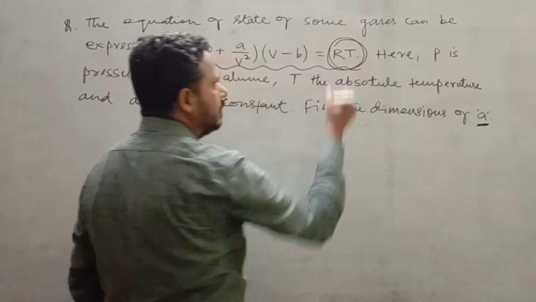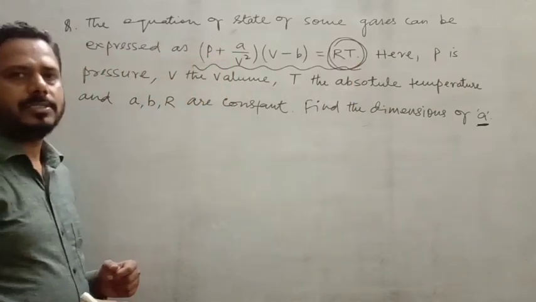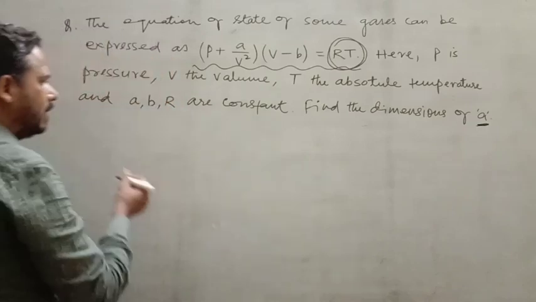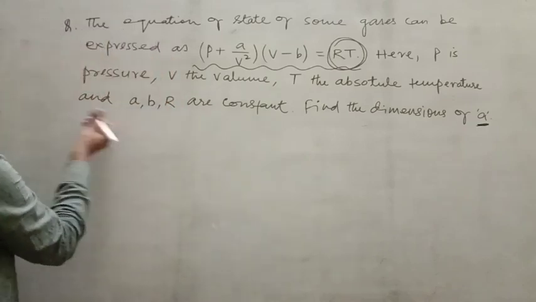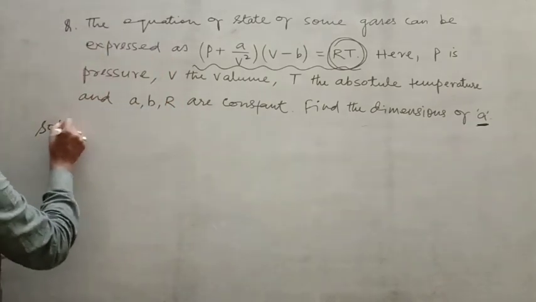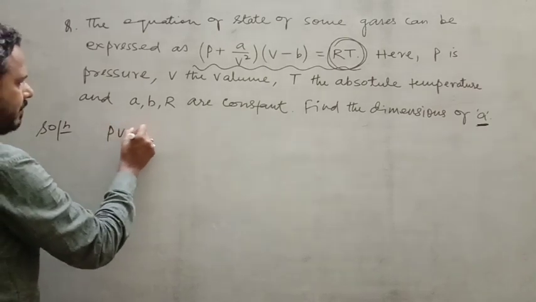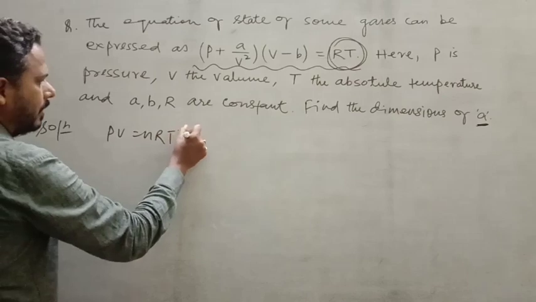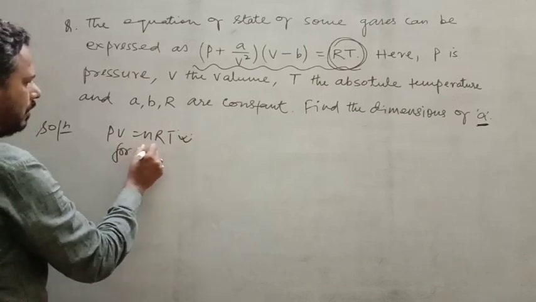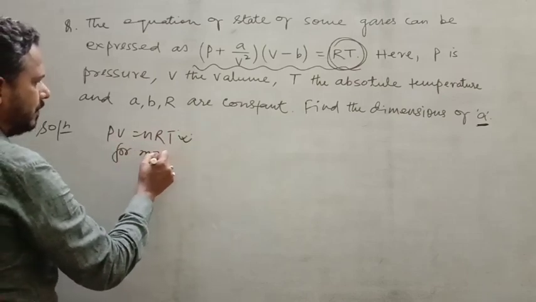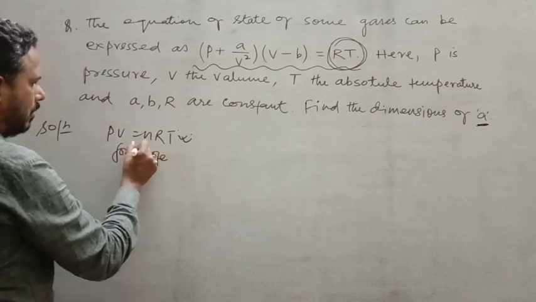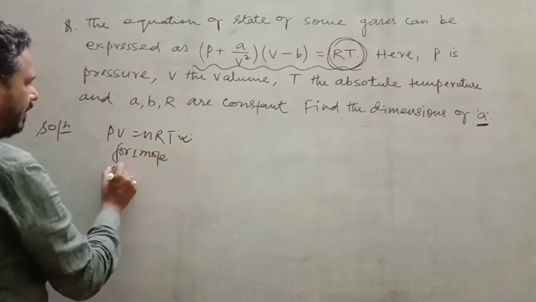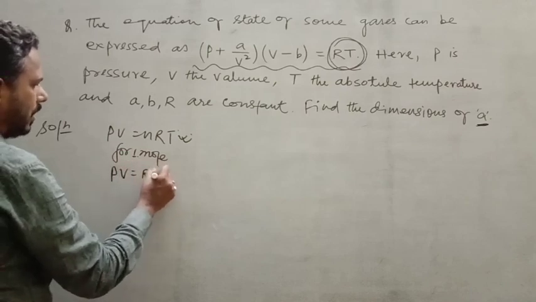Actually, this RT is from the ideal gas equation, PV is equal to nRT. For 1 mole, that would be PV is equal to RT.